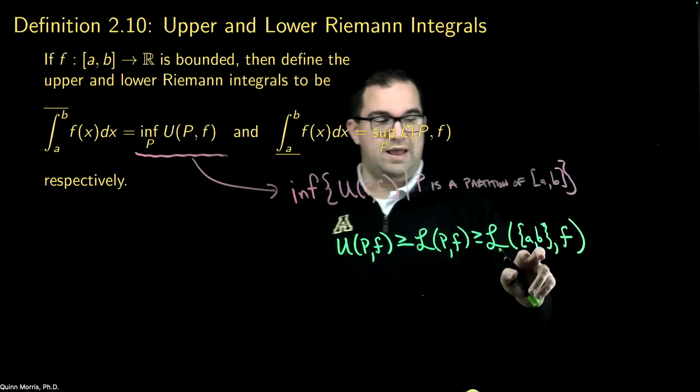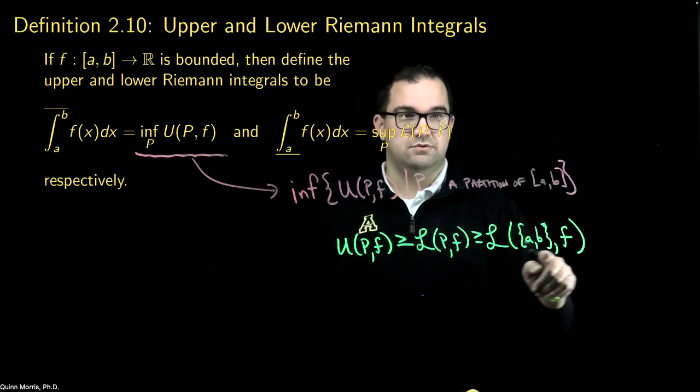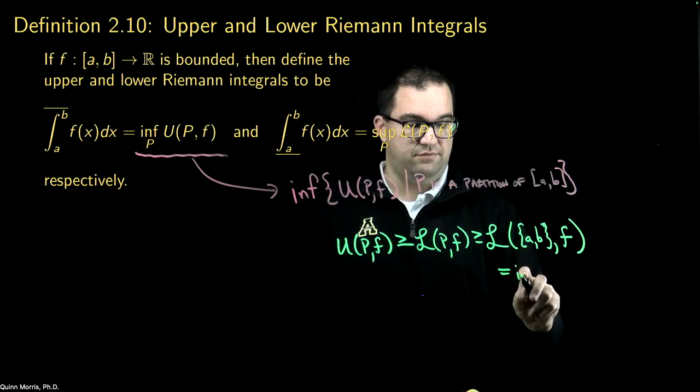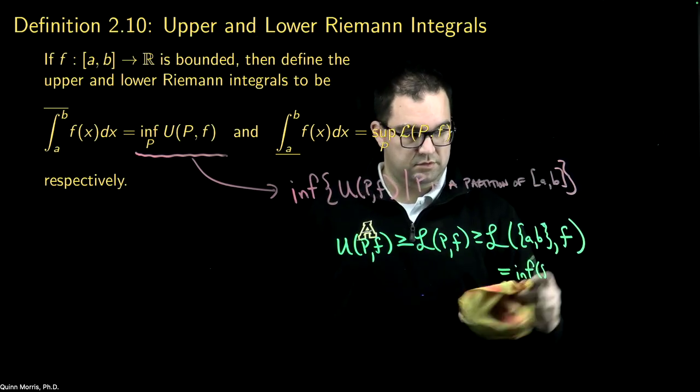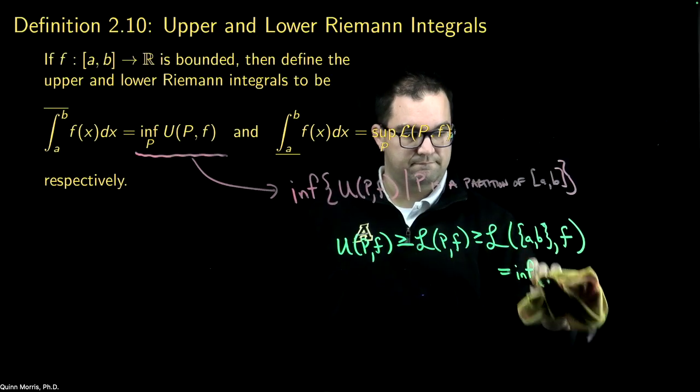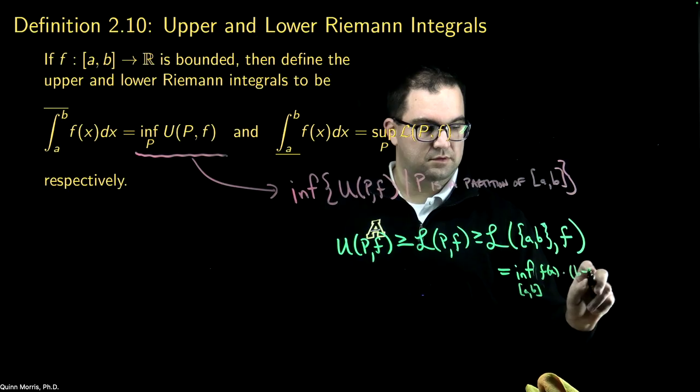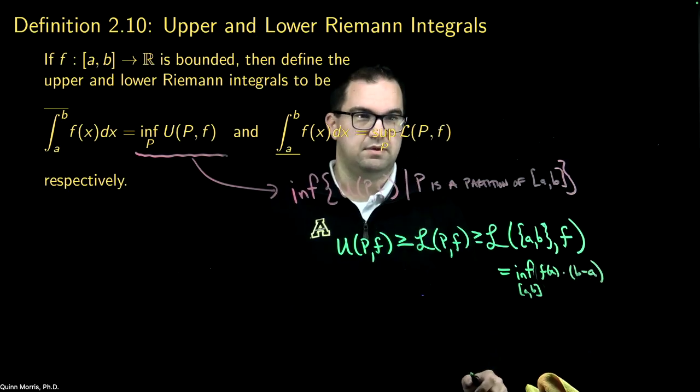And so whatever this value is, it has to exist. This value, in fact, is just the infimum of f(x) over the interval [a, b] times (b minus a), the length of the interval.